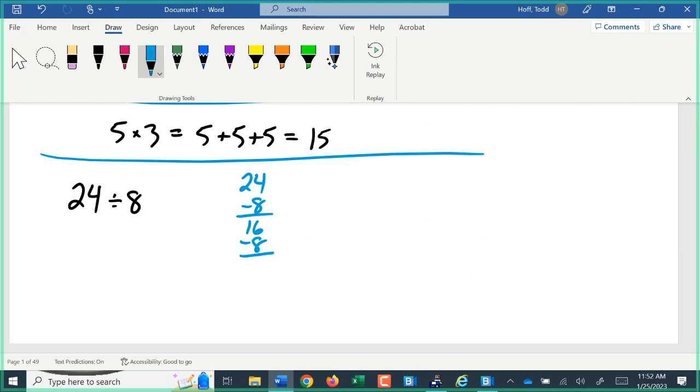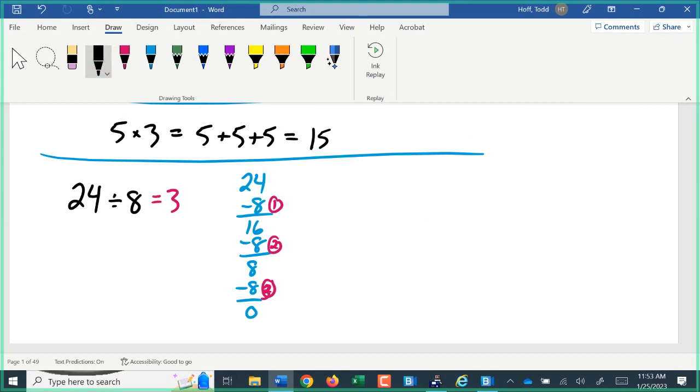And let's repeatedly keep subtracting 8. 16 minus 8 is 8. 8 minus 8 is 0. Well, 24 divided by 8 equals 3 because I can subtract 8 from 24 1, 2, 3 times before I hit 0. So division can be thought of as repeated subtraction.